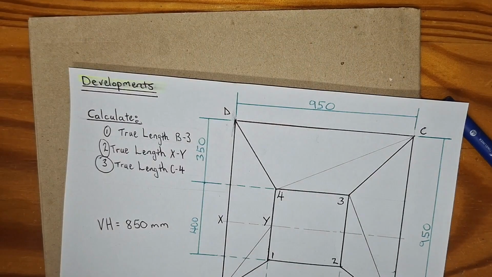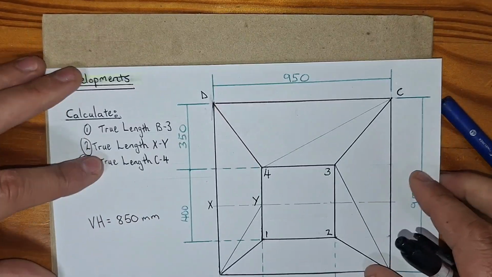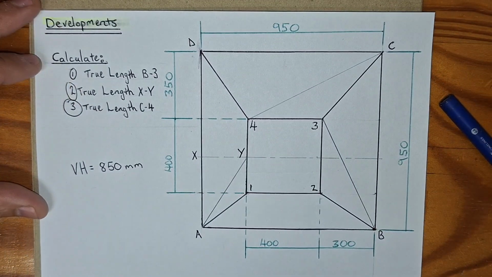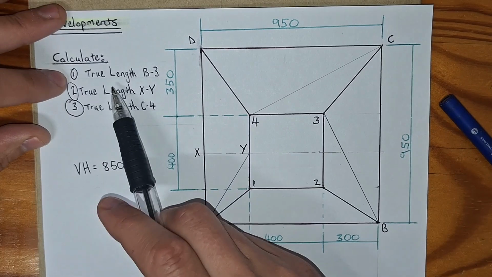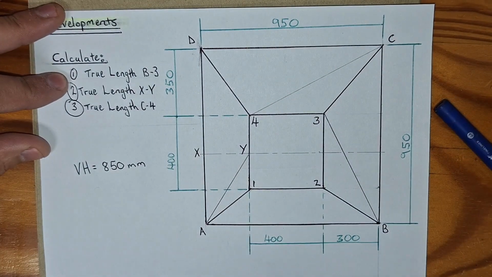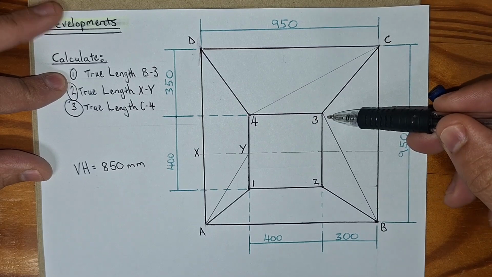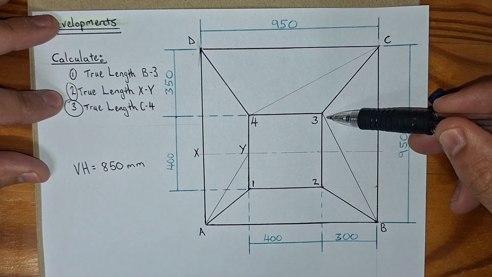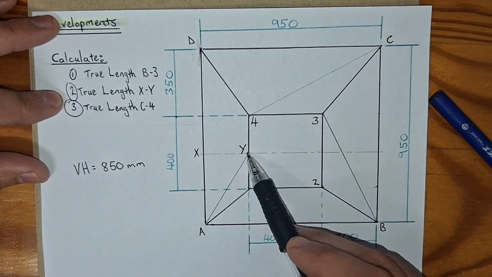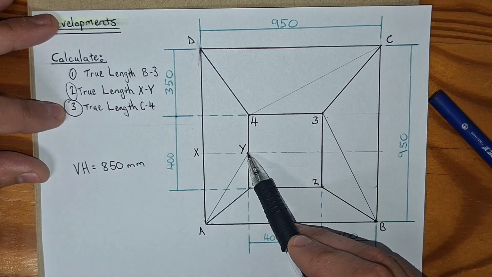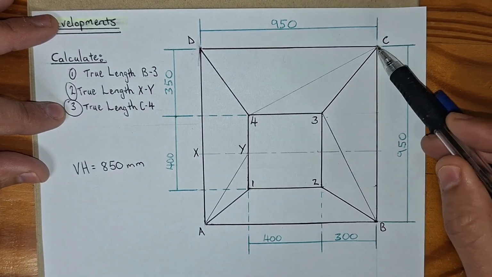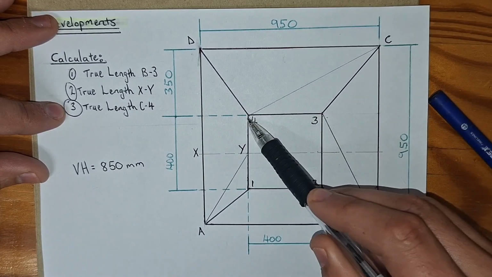From this given sketch, they ask that we calculate the true length for B3, which will be the true length of this distance here. Then also the true length for XY, this one here, and the true length for C4, this distance here.